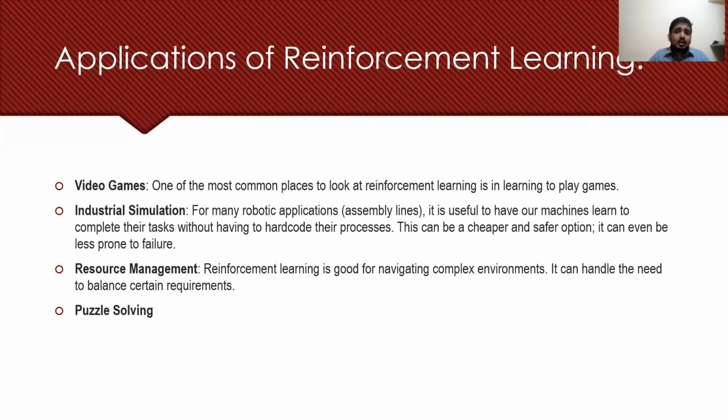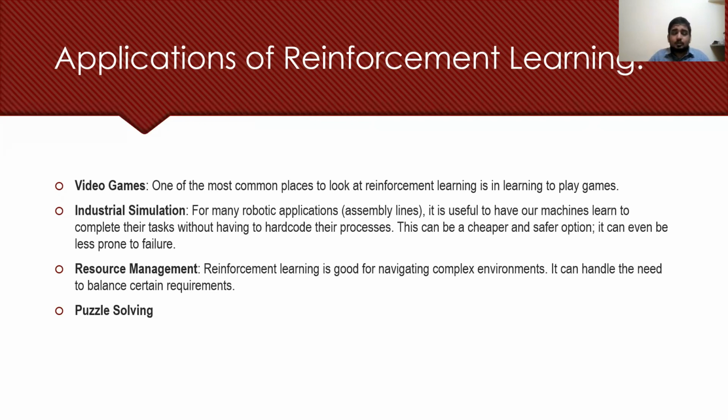Industrial simulation: generally, for industrial machines we have to provide feedback and process to them so that they can do the work. But reinforcement learning can also be used to decrease the cost of production, because the machine can learn by itself and we don't need any human intervention in the industry.